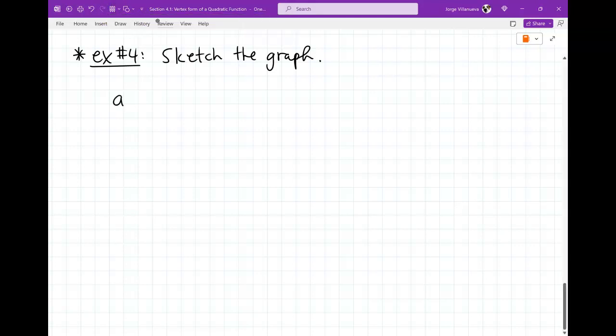So we'll start off with one that's a little bit on the easier side, and then we'll move on. So here's the first one. F of x is equal to, remember, f of x is the same as y, okay? So don't get scared when you see f of x. It's just y. If you want to rewrite it as y, go ahead.